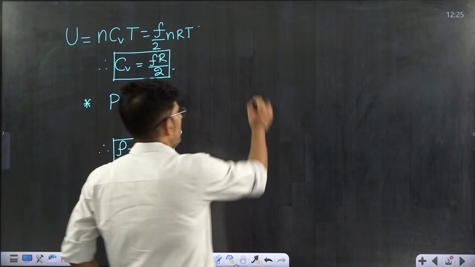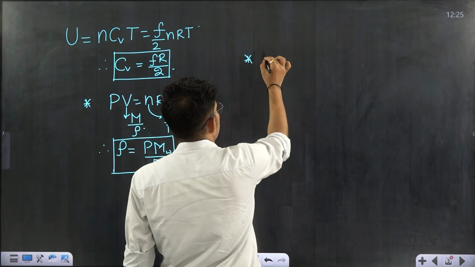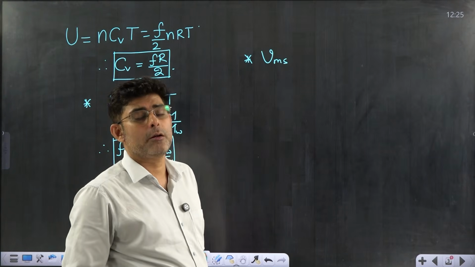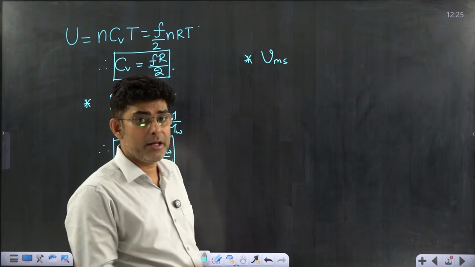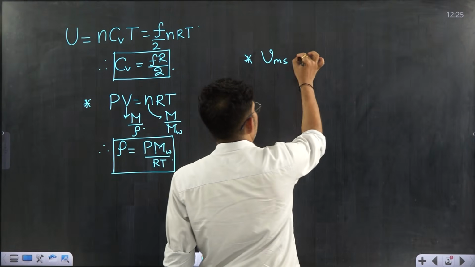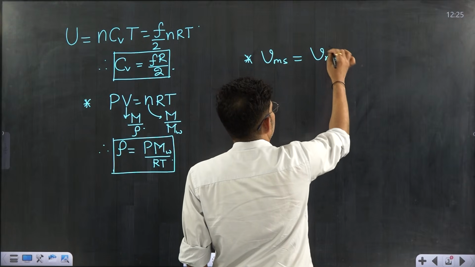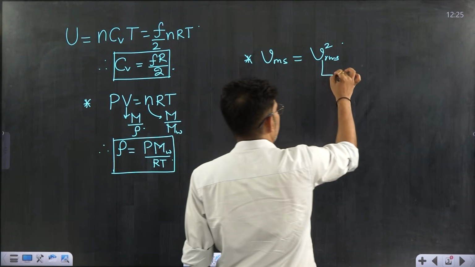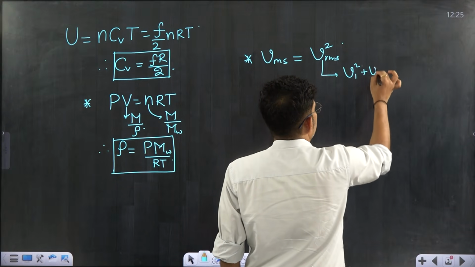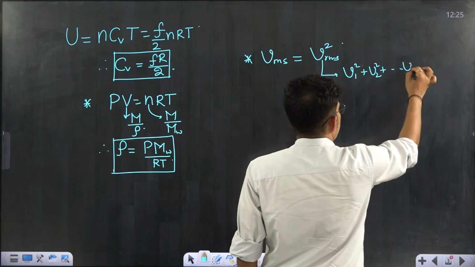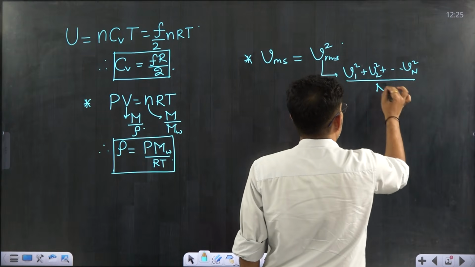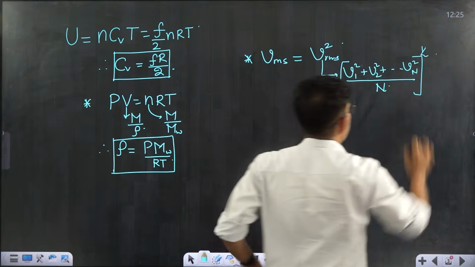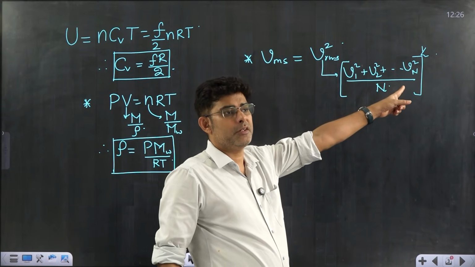Clear? One more thing. We have one value which is called the mean square of speeds, VMS. So mean square of speed is nothing but VRMS square, right? General definition for VRMS, whenever we have a group of gas molecules, VRMS is taken as the root of the mean of the squares of the speeds.